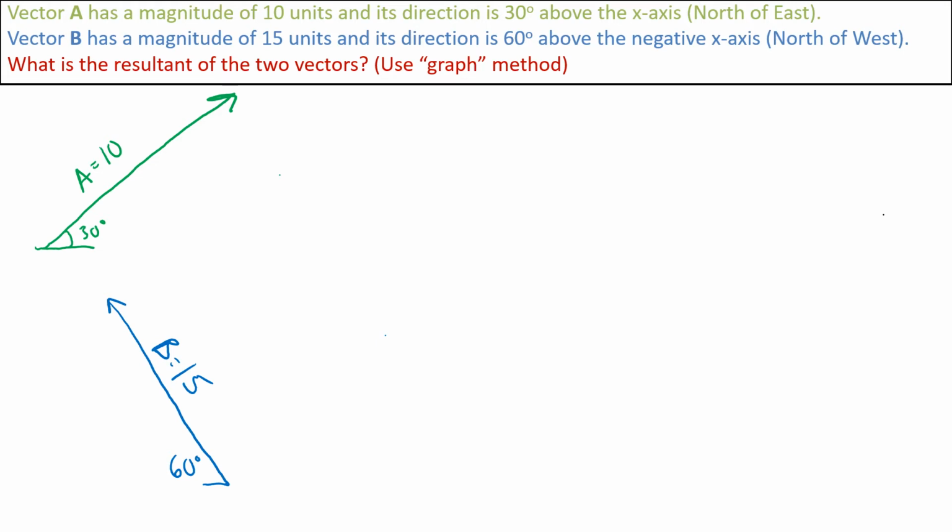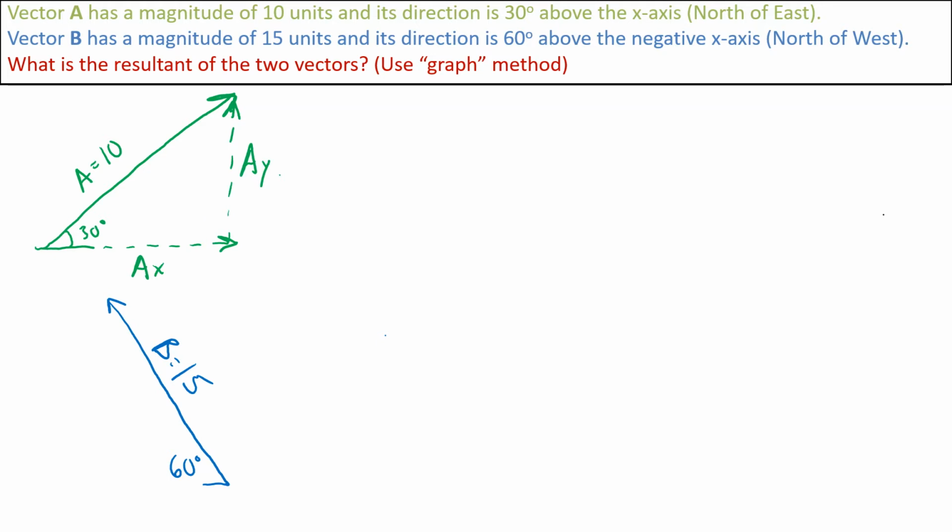So we have basically two hypotenuses right now, and let's make them into right triangles. So I'll draw the x component of the A vector, and we're going to call that A sub x. Then we draw the y component of the A vector, and we'll call it A sub y, and just like that we have our right triangle, and we can break them into components.